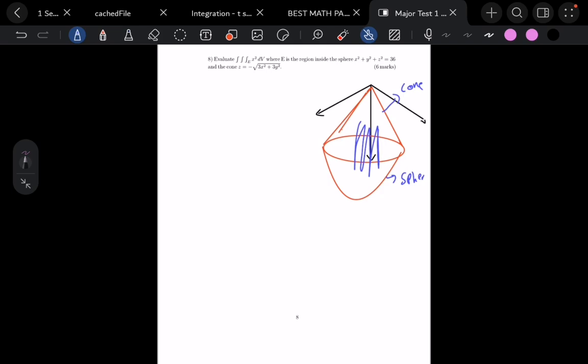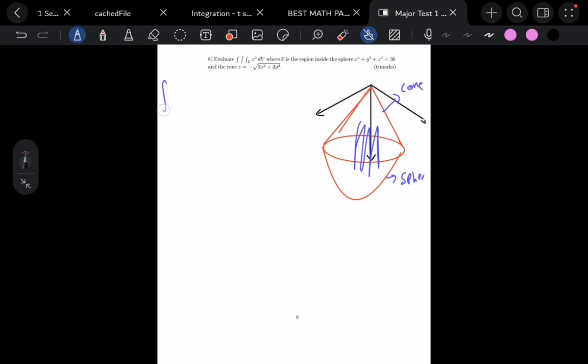What is the x in spherical coordinate? It is rho sine phi cos theta.